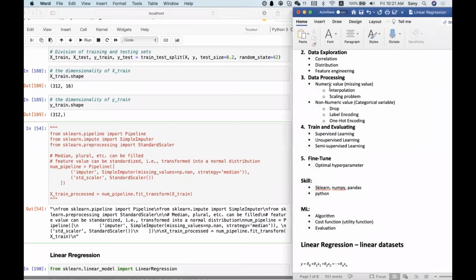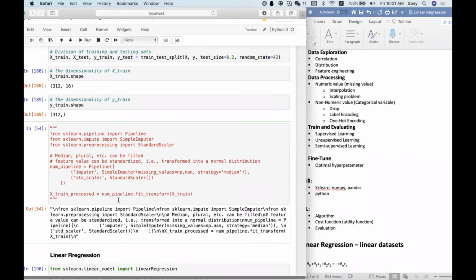You can do a pipeline for dealing with the numeric values, and also you can build another pipeline for non-numeric values, and you will just work as smart as possible.